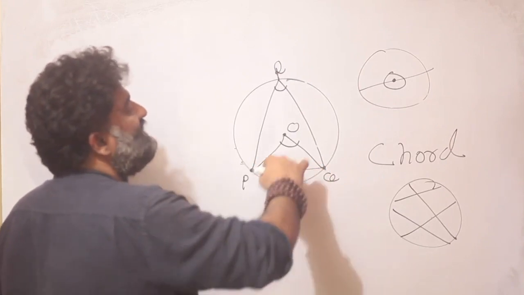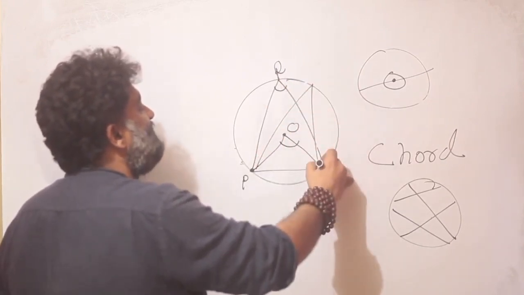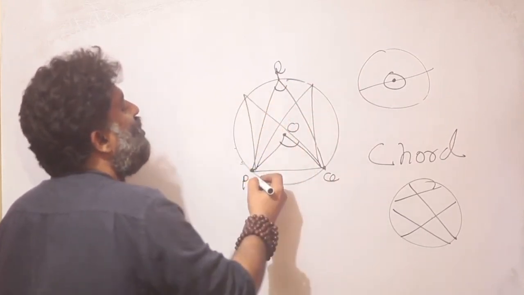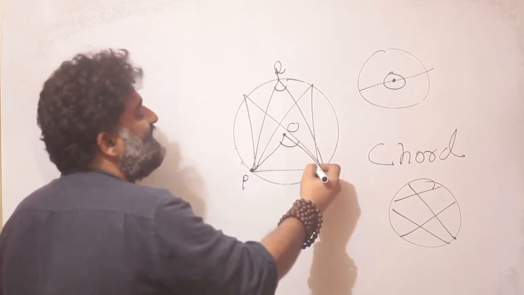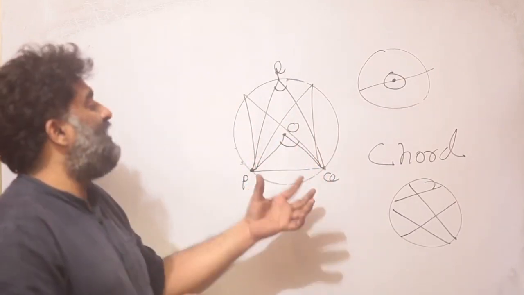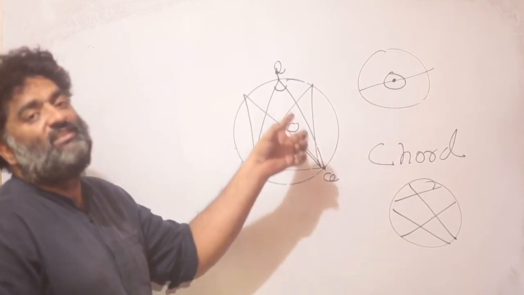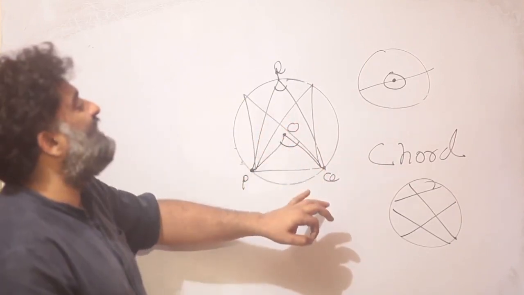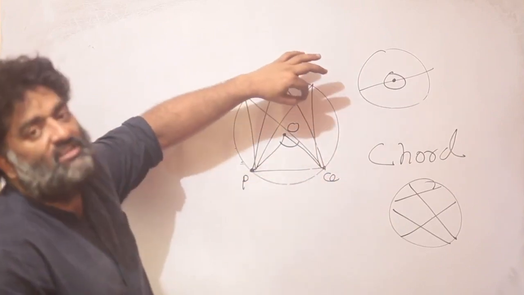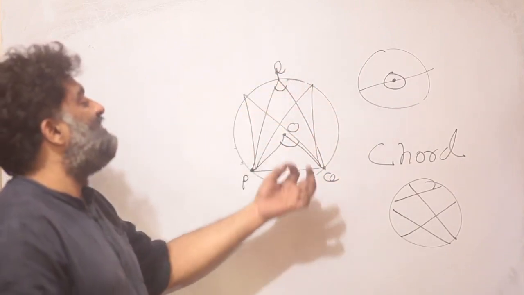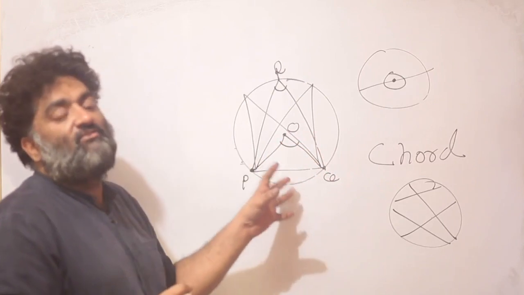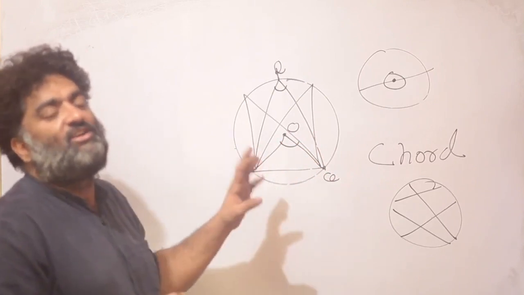So with a chord you can subtend multiple angles at multiple points in a circle, or you can create an angle at the center. So this is our starting point, knowing that this is a chord and a chord can create angles within the circle. It can subtend an angle at a particular point of the circle, or it can subtend an angle at the center. And now I can work on some properties connected to these angles.